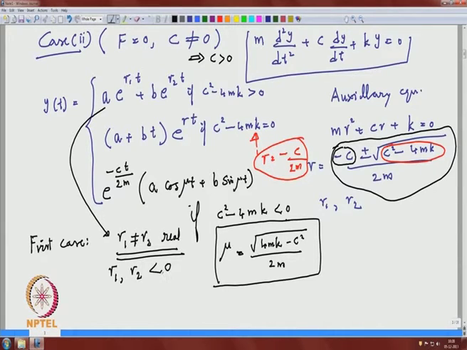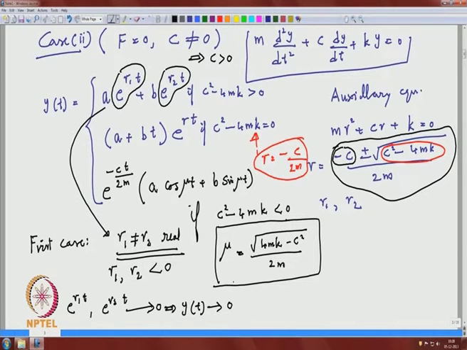When R1 and R2 are negative, look at these terms, e power R1t and e power R2t. They go to 0, that implies y(t) tends to 0. So, you have no problem.